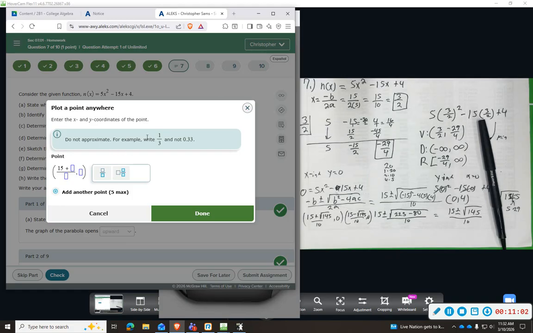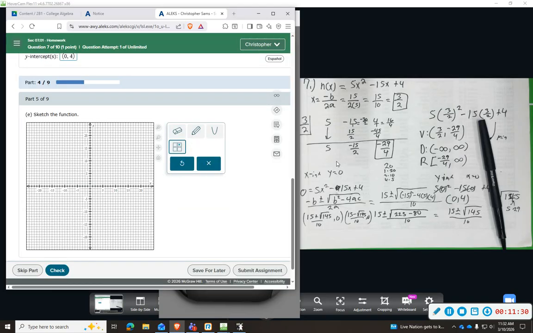For example, write 1/3 and not 0.33. I could enter and find some other values. The easiest thing to do, because I don't have a square root right here, and I don't want to worry about typesetting.